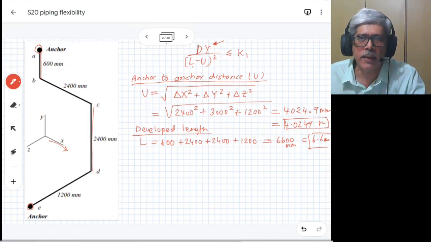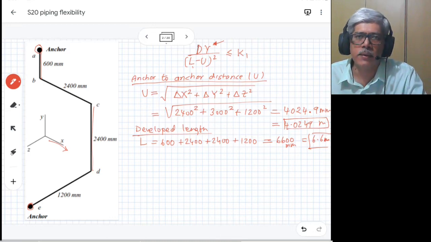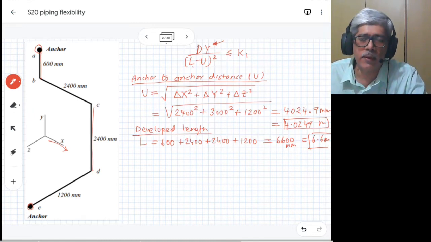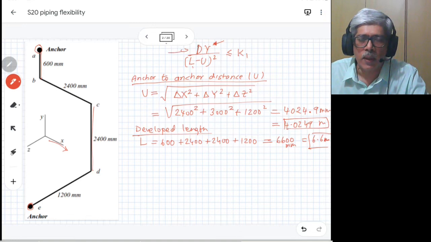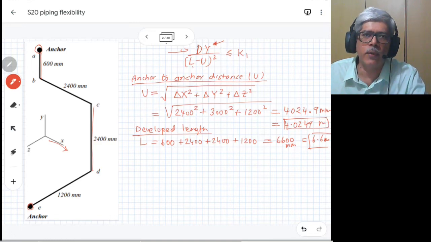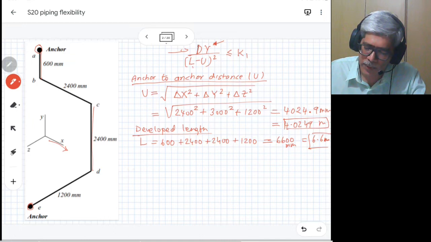So how much is the net restriction that is imposed by these anchors? That is what we are calculating. So the higher the value of displacement that we are trying to constrain, the left hand side will become bigger and bigger. So as you can see, as y increases or the thermal expansion value increases, the left hand side will become more and more. So beyond a certain value, you cannot restrict the expansion. So that is what this formula means.